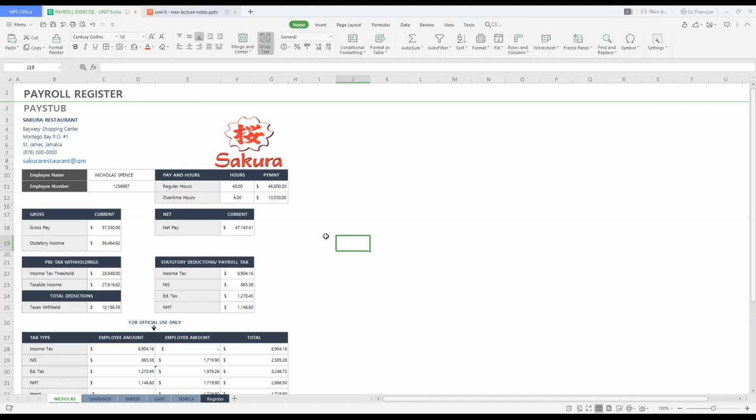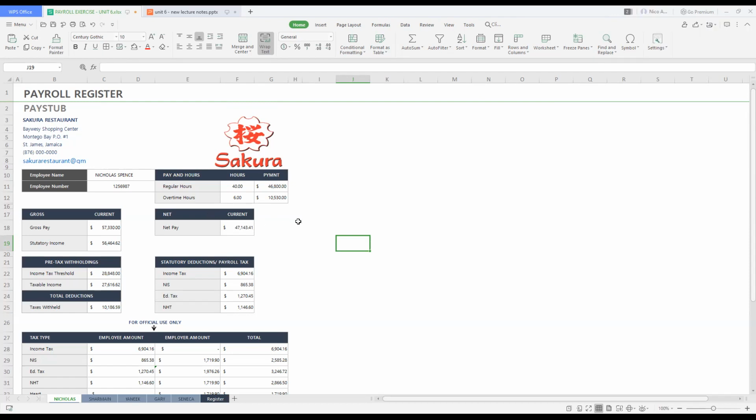So that's $10,530. Overtime is at time and a half, the time and a half times the hourly rate. 1,170 multiplied by 1.5 is equal to 1,755.